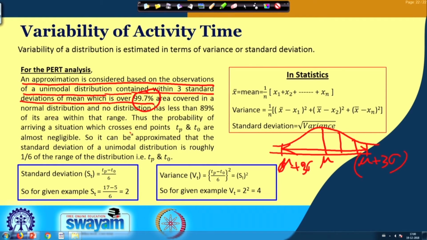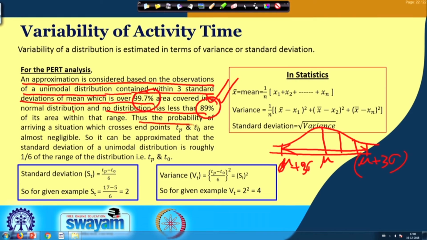In case of normal distribution, and for all the distribution cases, it always lies within 89%. That means, the variation is not very high if we are ranging it within plus minus 3 sigma away from the mean. So, this is a well accepted range of accuracy we are considering.